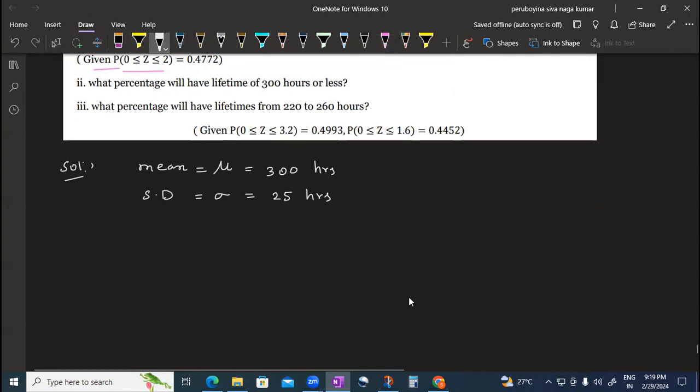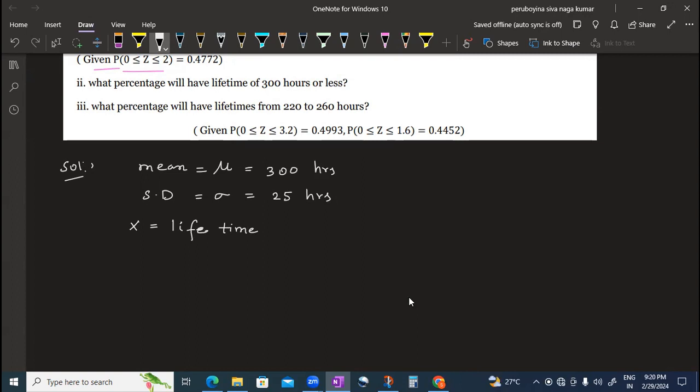His entire question is containing lifetime. So the variable is lifetime here. We have to examine the lifetime. So say capital X is equal to lifetime of electronic devices.